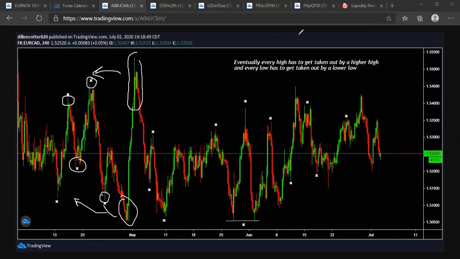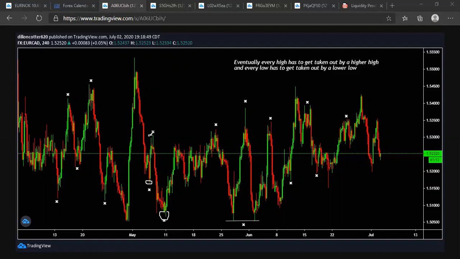As you can see, this low gets taken out by this low, this high gets taken out by this high. There's a minor low here that gets taken out by this low. This high gets taken out by this high.